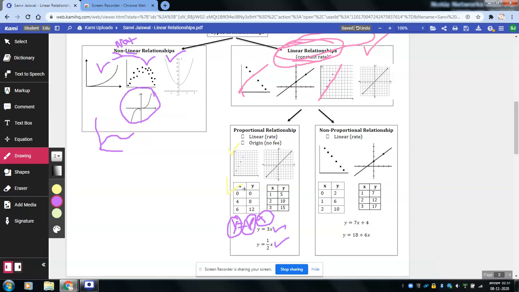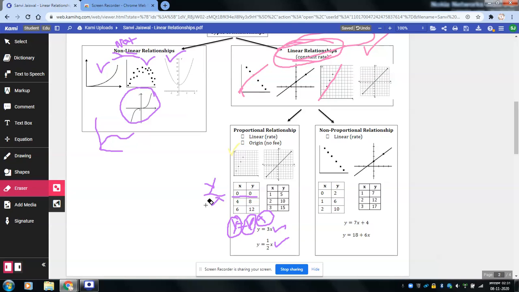And even on the table, for the table one, there are two rules. One is that if it has 0, 0, that's automatically considered proportionality. And the second would be y divided by x. Now, if I remove this check mark, you can see there's your x value and there's your y value.